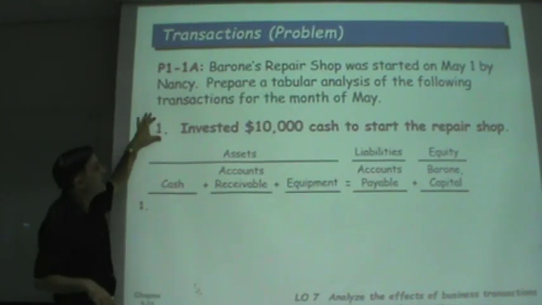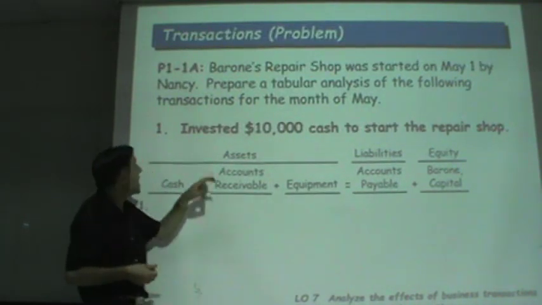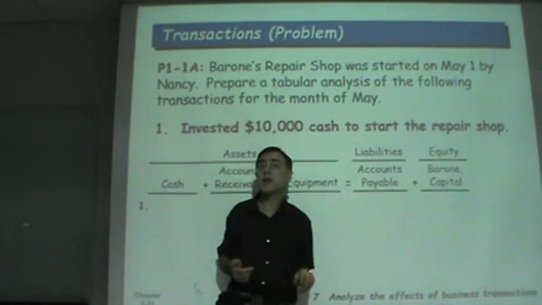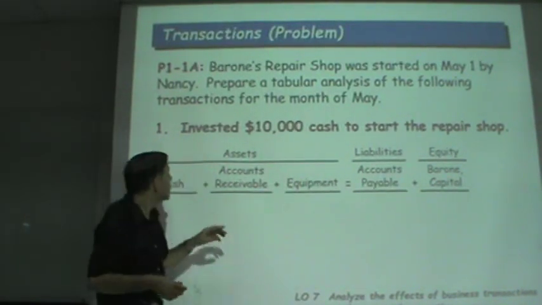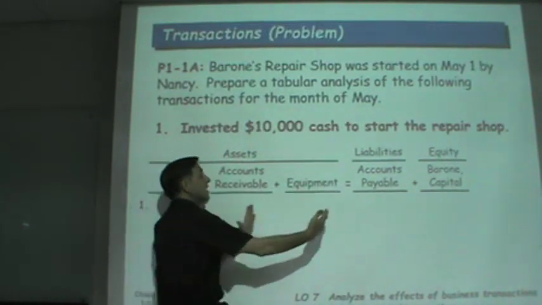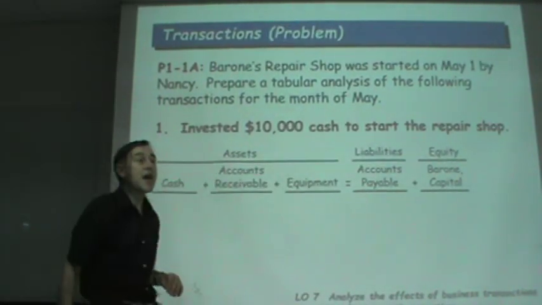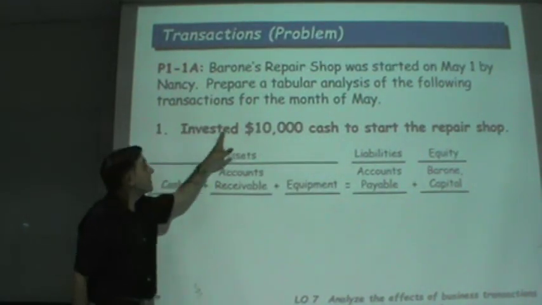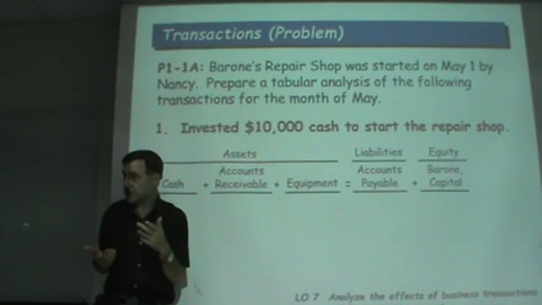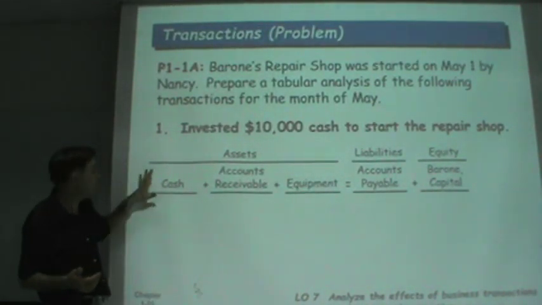Here's number 1. Nancy takes 10,000 and invests it to start the repair shop. So, you have now assets, liabilities, equity, and now the question is, when 10,000 is invested, what changes? Well, right now there's absolutely nothing here.